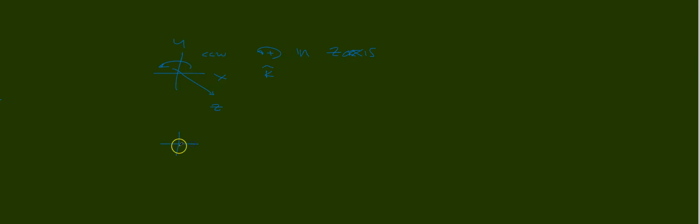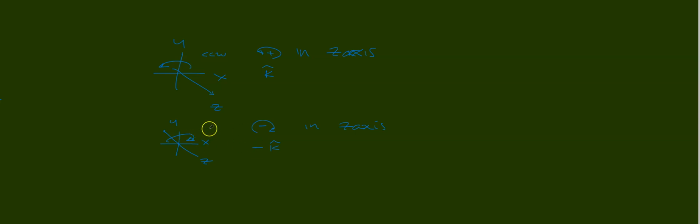If the rotational motion is negative, like so, then we assign a negative sign, and we say it is negative in the z-axis or in the negative k direction.